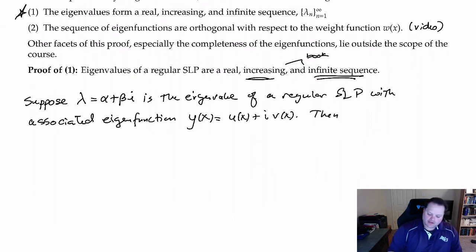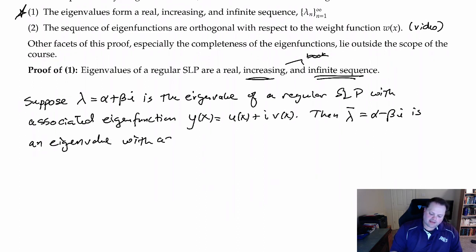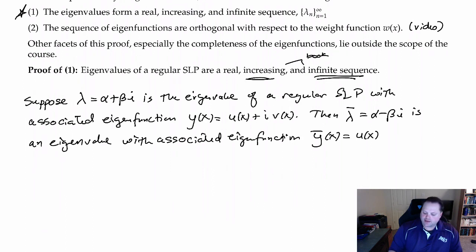Then we automatically know, because complex conjugate roots occur in pairs, that lambda bar, the conjugate, is an eigenvalue, and it has associated eigenfunction given by its conjugate, which is the function u of x minus i v of x.